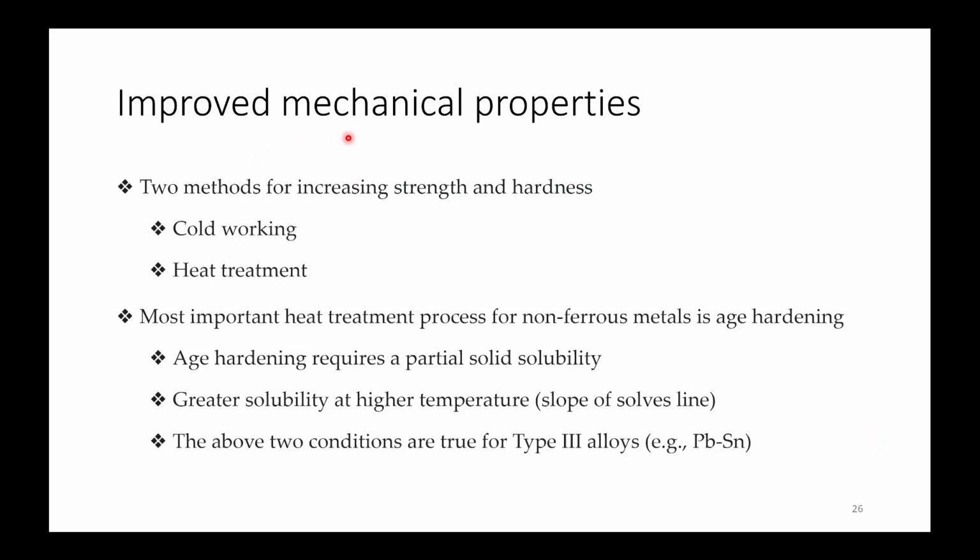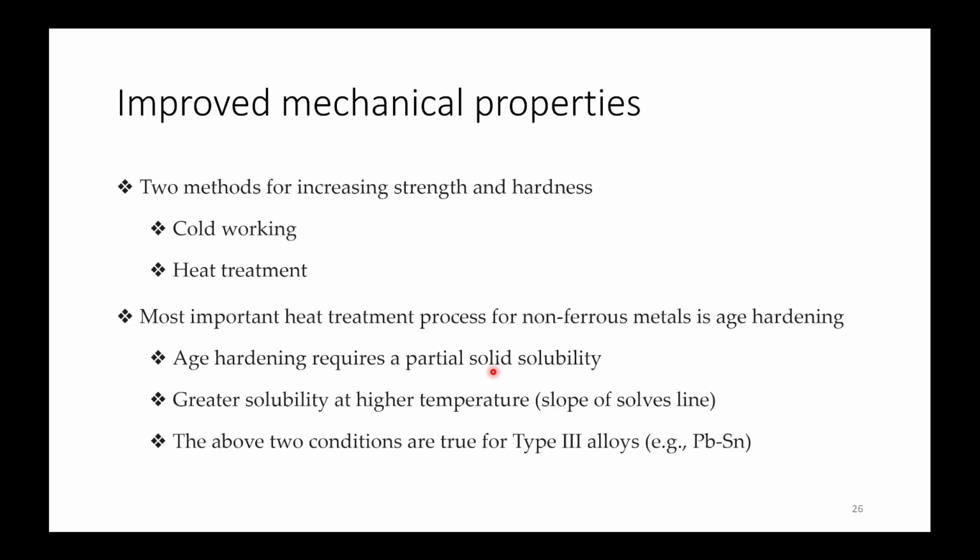Now how to improve their mechanical properties. Mechanical properties can be improved by various methods. These two methods are used for increasing strength and hardness. First is cold working, other is heat treatment. Now the most important heat treatment process for non-ferrous metals is age hardening, and age hardening requires a partial solid solubility.